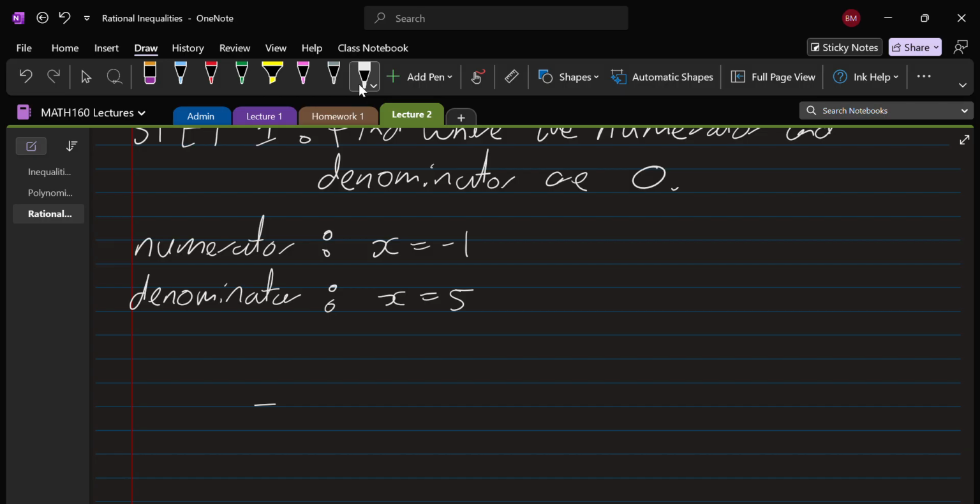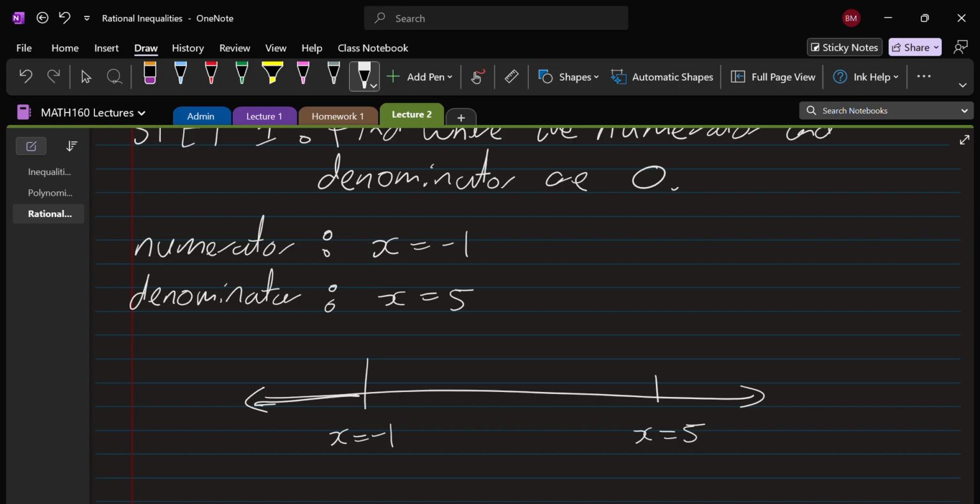You find your critical values, you draw your number line, and then we need to see where the function is positive or negative. So we've got our real number line, and we've got two possibilities here, -1 and 5. Again, there might be more. So let's say over here x is -1, and over here x is 5. Again, you've seen that before.